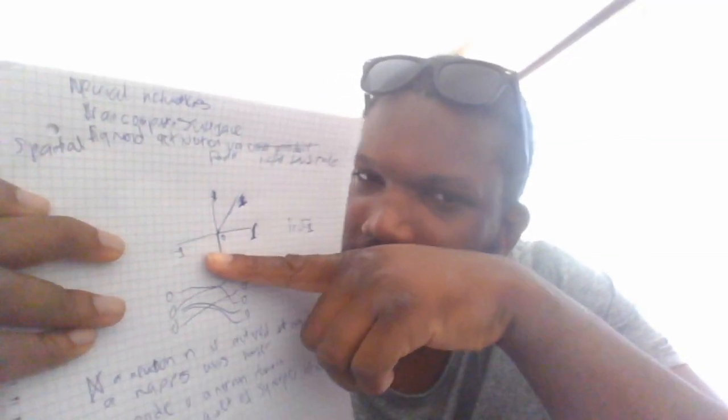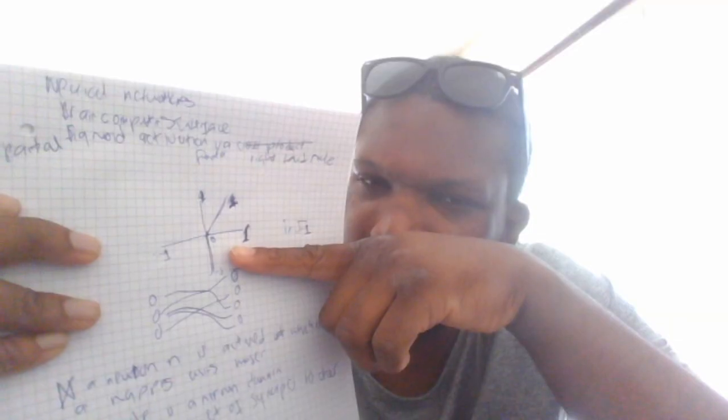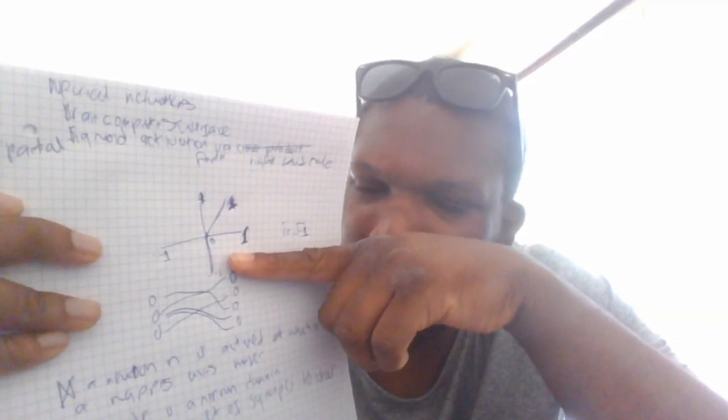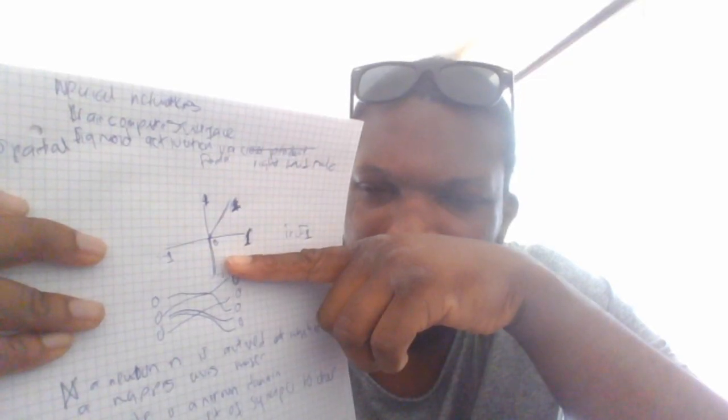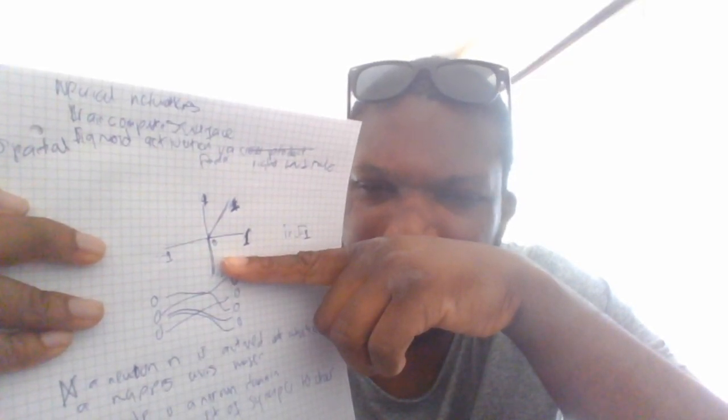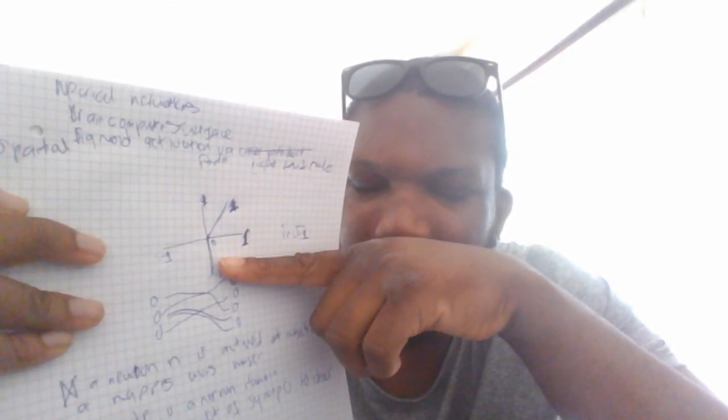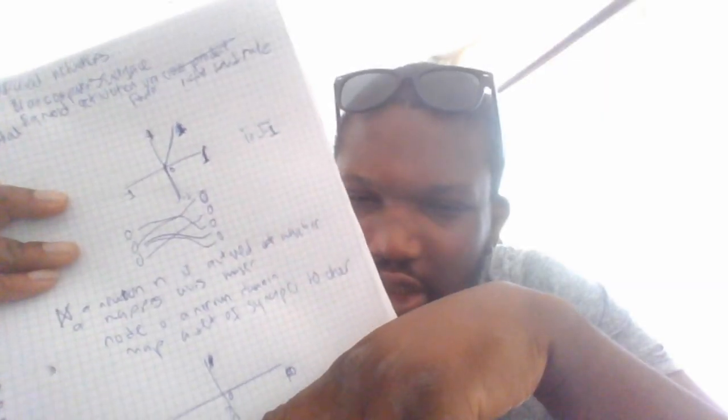For example, you have 0 to 1, and 0 to 1 represents the activation function from some threshold, like minus 10 to 10. That's basically the map, because the threshold for activation is 0 to 1. Any value in between will activate a range from minus 10 to 10.